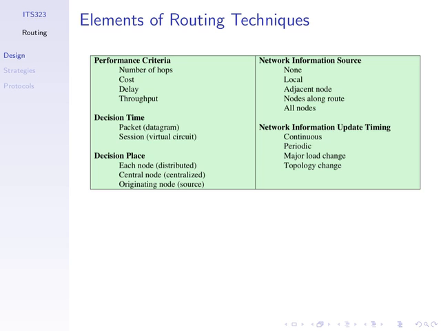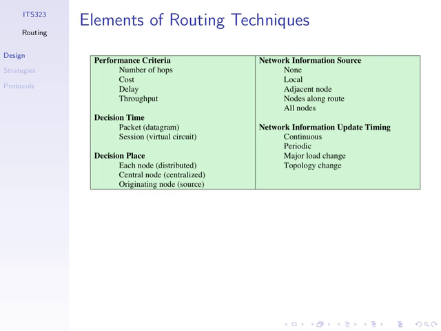A metric is the thing that we use to measure the performance. If it is delay, what's the least cost path, or what path do we choose from 1 to 4?